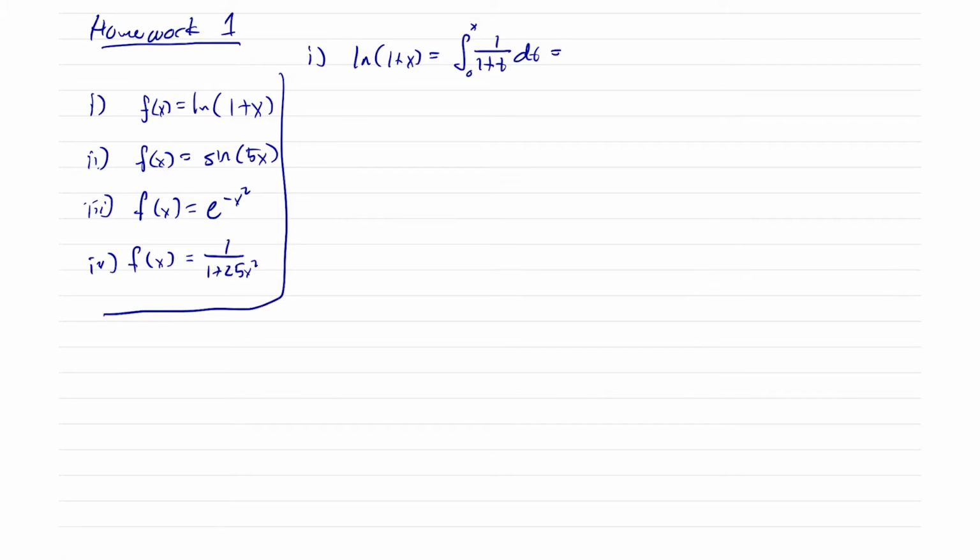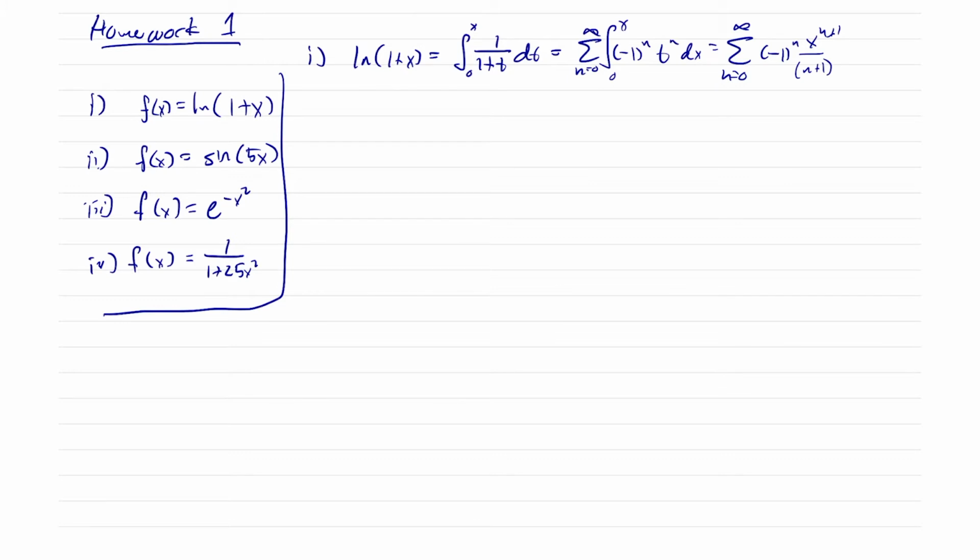So this becomes a sum n equals 0 to infinity of (-1)^n times t^n, and we're integrating this from 0 to x. And so then this gives us the series sum n equals 0 to infinity of (-1)^n times x^(n+1) divided by n + 1.